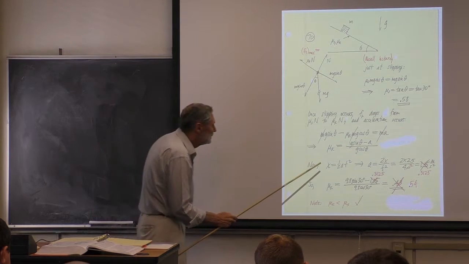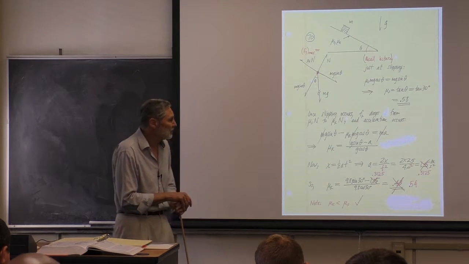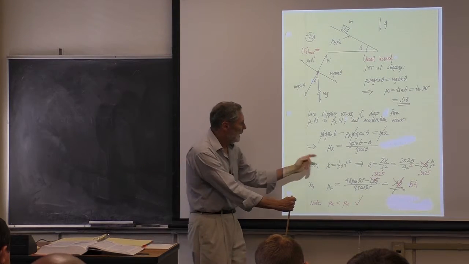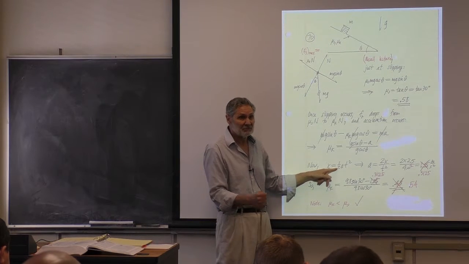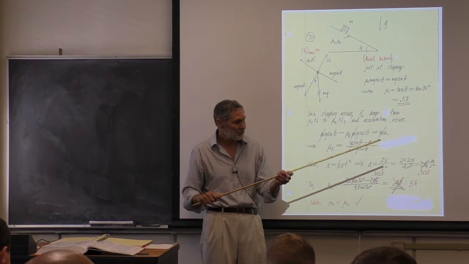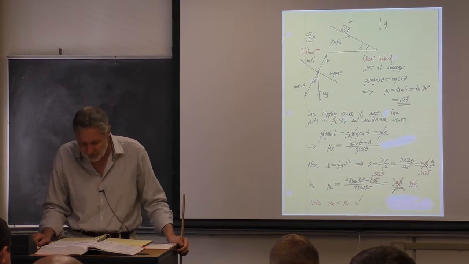So we're told the distance that it travels and the time it takes to travel, and that the acceleration is constant. And that it's released from rest, right? Because we're just at slipping here.